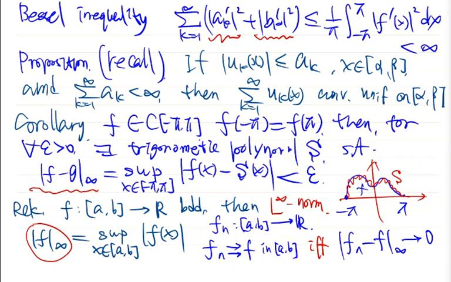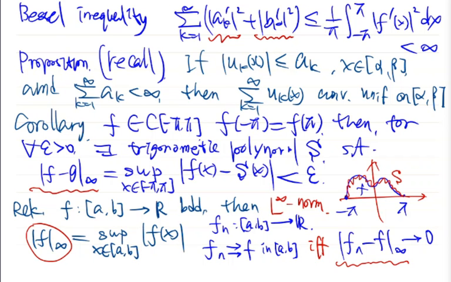I remind you that this L infinity norm is a sequence of non-negative real numbers, right? Because the L infinity norm of a function is a number. So for every n, you have a number, so you have a sequence of numbers. So you transform the uniform convergence problem into the convergence of a sequence of real numbers. Therefore, this makes it very convenient.